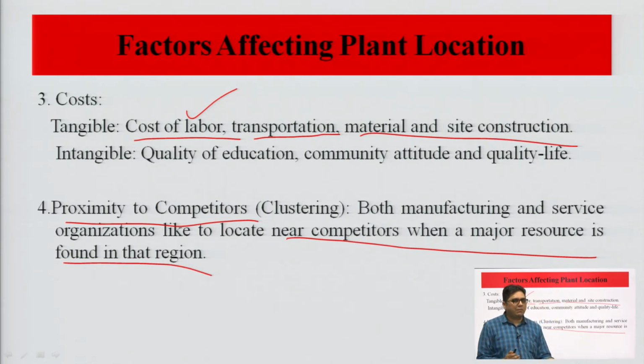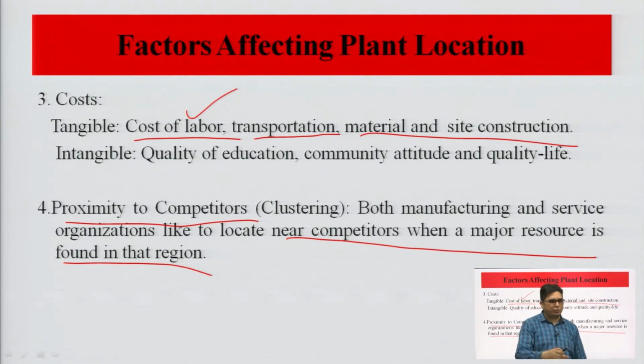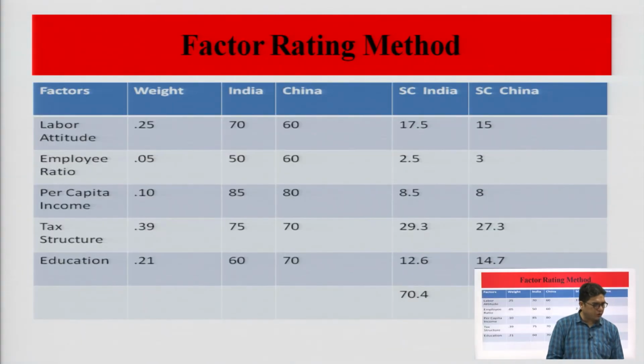From that region we can export or service our product to the rest of the market very easily. So, at some point of time the company may prefer to locate in a particular location.